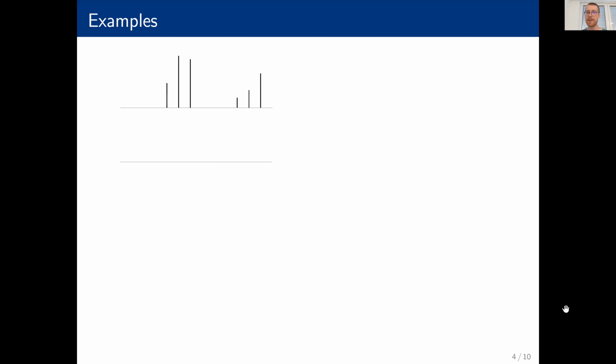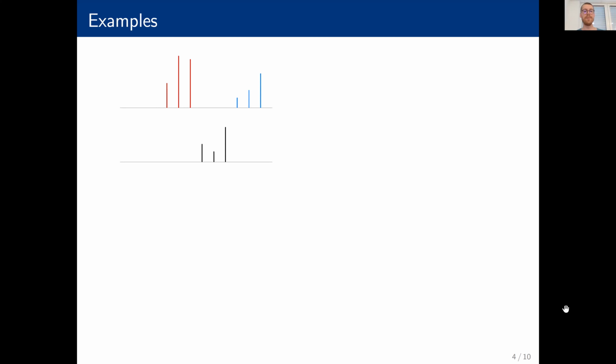So in order to see what happens here, let's return to the state where the window is positioned in between these two sections of the signal. And what we just saw is that the left part of the signal can only be measured when the window is positioned to the left of the current position, and the right part of the signal can only be measured if the window is positioned to the right of the current position. So what we can identify is, let's say, a red and a blue part of the signal, and no entry from the red part will ever be measured simultaneously with any entry from the blue part.